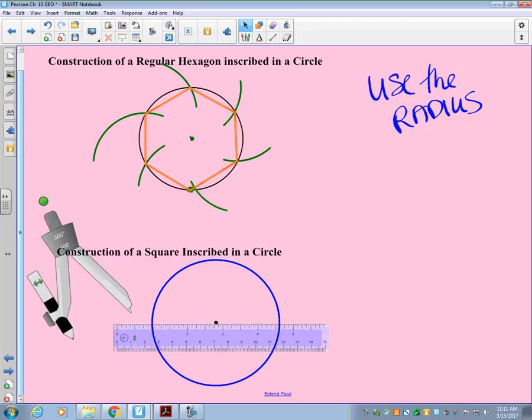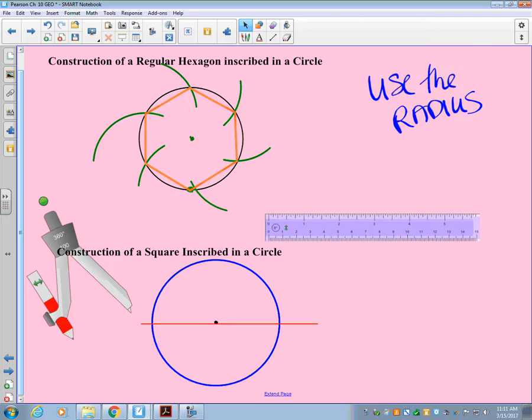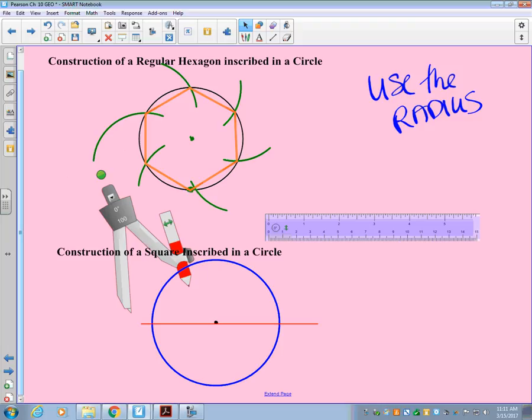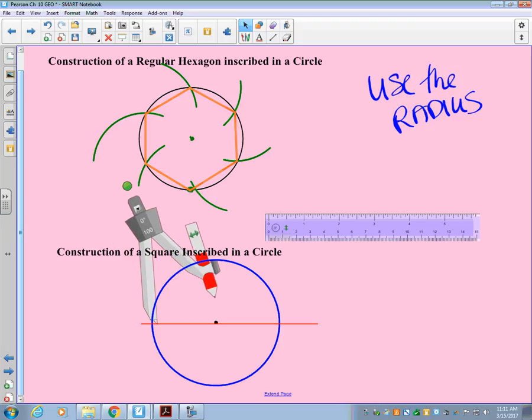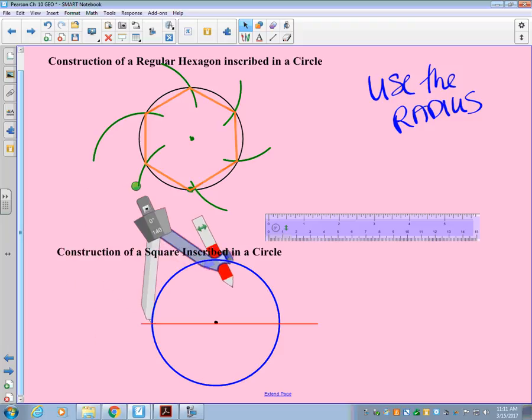Draw a diameter across your circle. Put your compass on the edge of the circle where it touches your diameter and open it further than halfway across your circle.